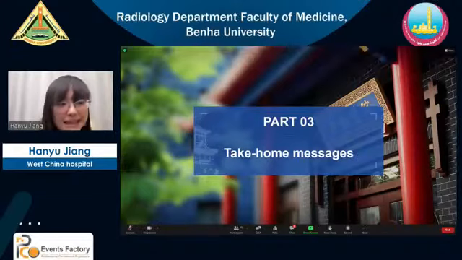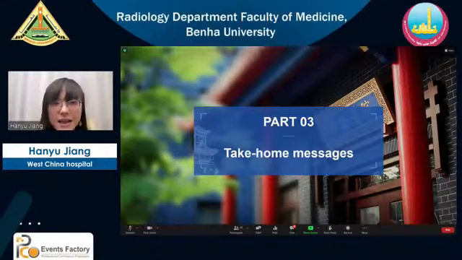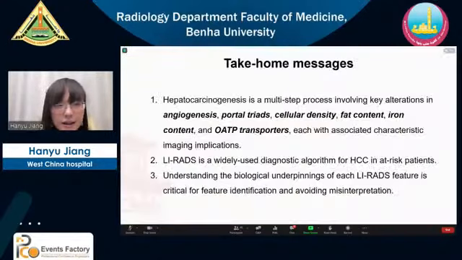So in the end, I would like to sum up the take-home messages that we might have learned from today's session. Hepatocarcinogenesis is a multi-step process involving key alterations in angiogenesis, cellular density, fat content, iron content, and OATP transporters, each with associated characteristic imaging implications.